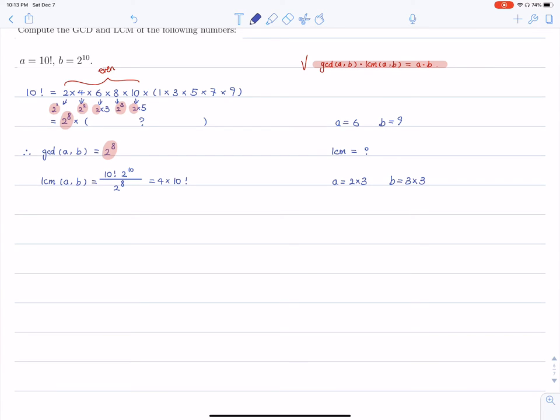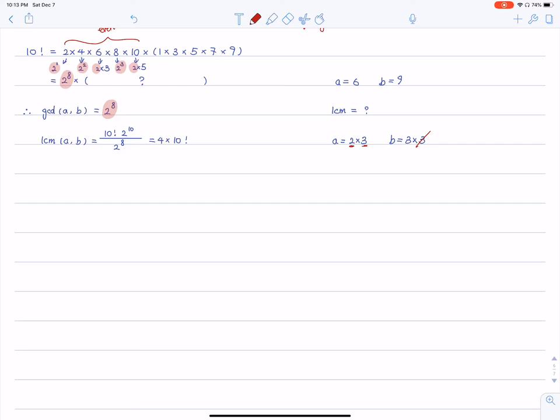So you want to get rid of the repeats. This is distinct, this is distinct. This is a repeat. So you want to get rid of the repeats. Therefore, your LCM would be 18.